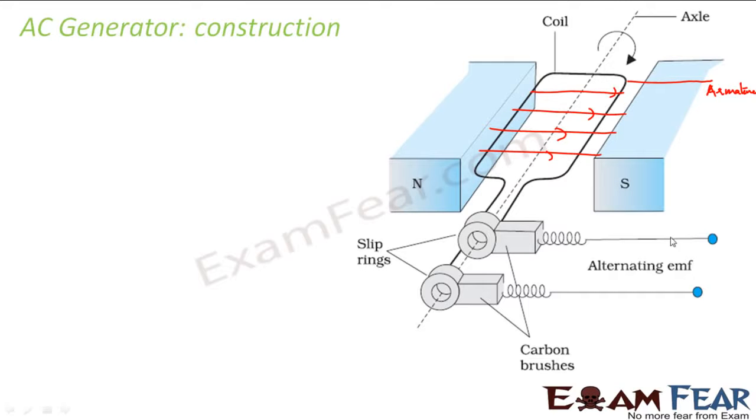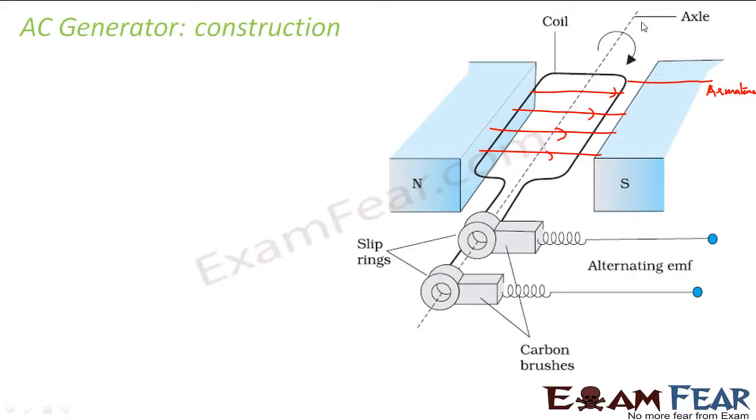Now there is an axis of rotation for this rectangular coil. It is capable of rotation, and it rotates about an axis which is perpendicular to the magnetic field. This axis of rotation is known as the axle, right? So these are the basic parts of an AC generator.